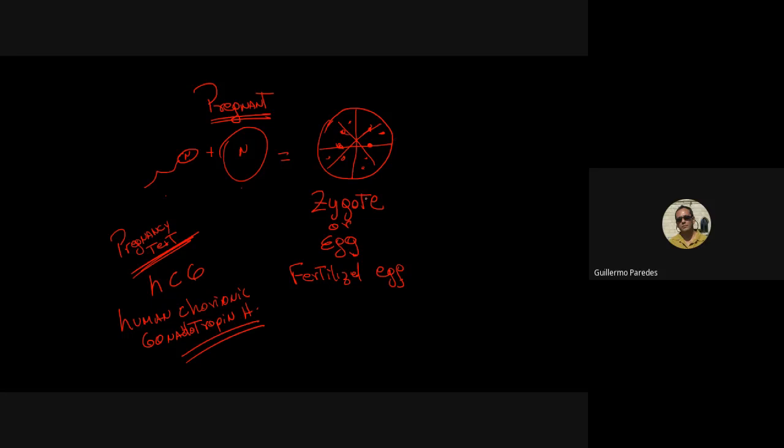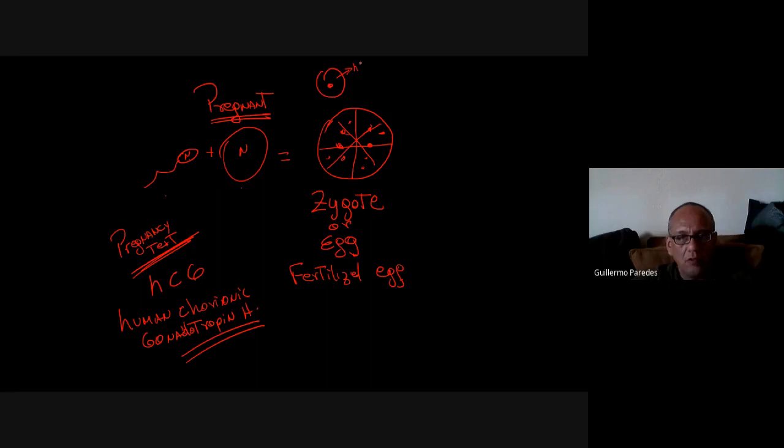by the zygote. At the beginning it is going to be one cell, and it is going to produce HCG. Then it's going to divide in 2, and they are going to double the HCG. Then they are going to divide in 4, and they are going to double the HCG again. And that HCG elevation is going to go to the blood, go to the urine, and you have a pregnancy test.